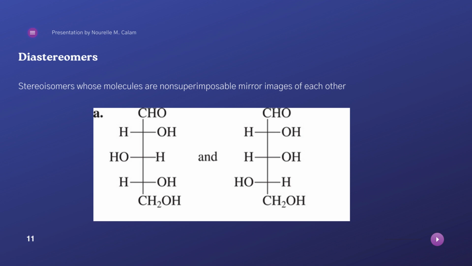Despite the fact na at the third and fourth carbon, although they mirror one another, tungod kay ang second carbon wala nag-follow sa condition nga they should be mirroring one another. Therefore, this molecule is an example of a diastereomer. Now, I will be giving you exercises on this one for you to practice identifying between enantiomers and diastereomers.